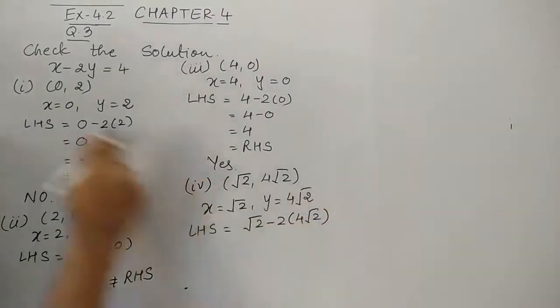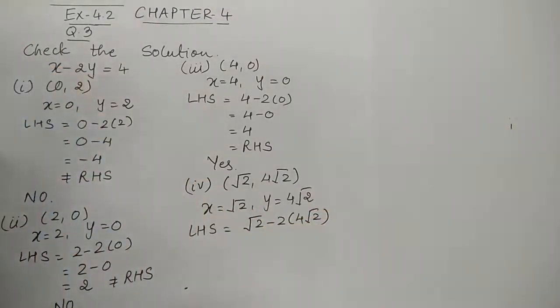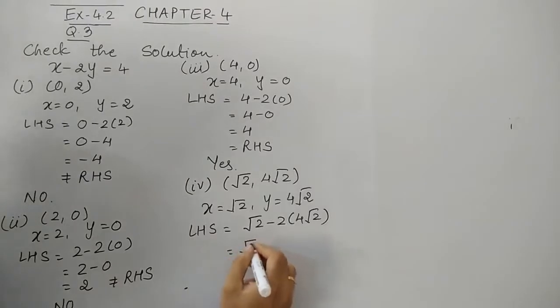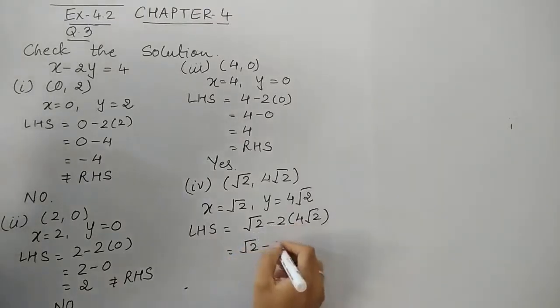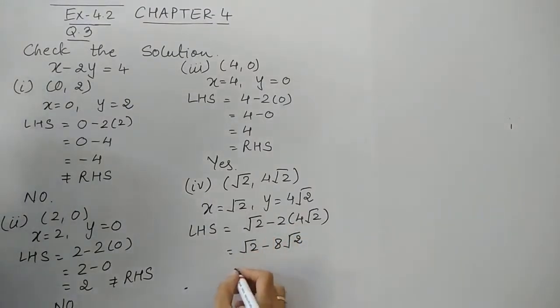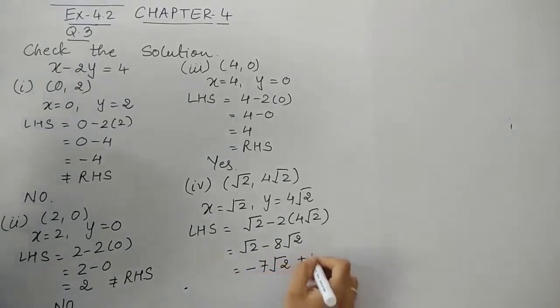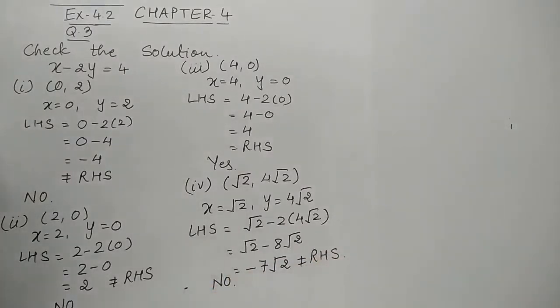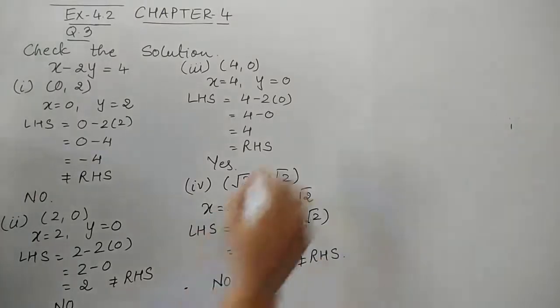I am substituting the value in this original equation. So this root 2 as it is minus both rational can be multiplied, 4 to the 8 root 2. They both are like irrational number, can be simplified, minus 7 root 2, which is not equals to the right hand side. So we can say no, the given solution is not the solution of the equation.